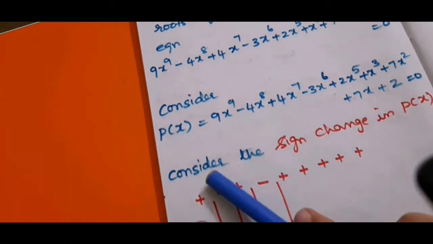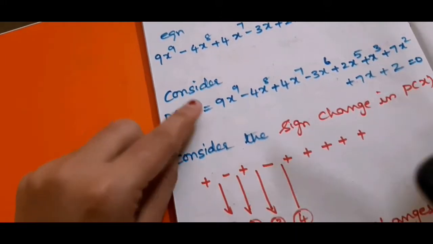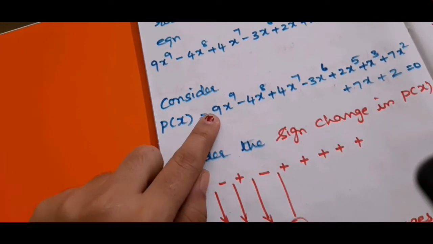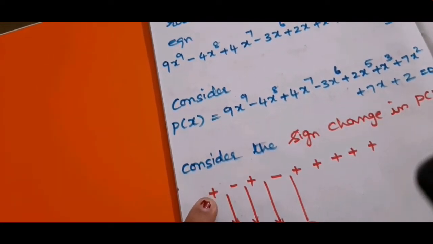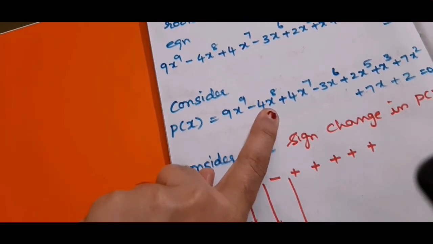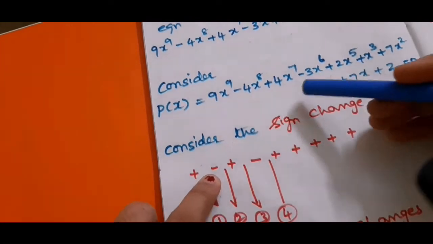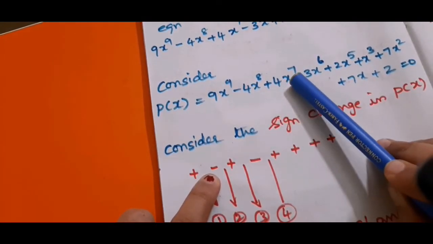Now I want to consider the sign changes in p of x. Sign change means just the sign of the coefficients. Here 9 is a positive number, so I write a positive sign. Here minus 4x power 8 has a negative sign, so I write the negative sign. Then I have plus 4x power 7.